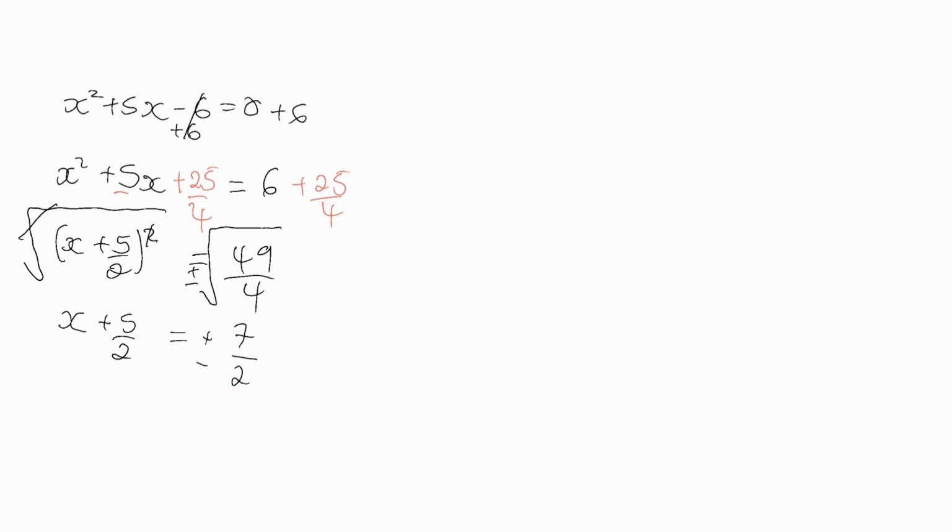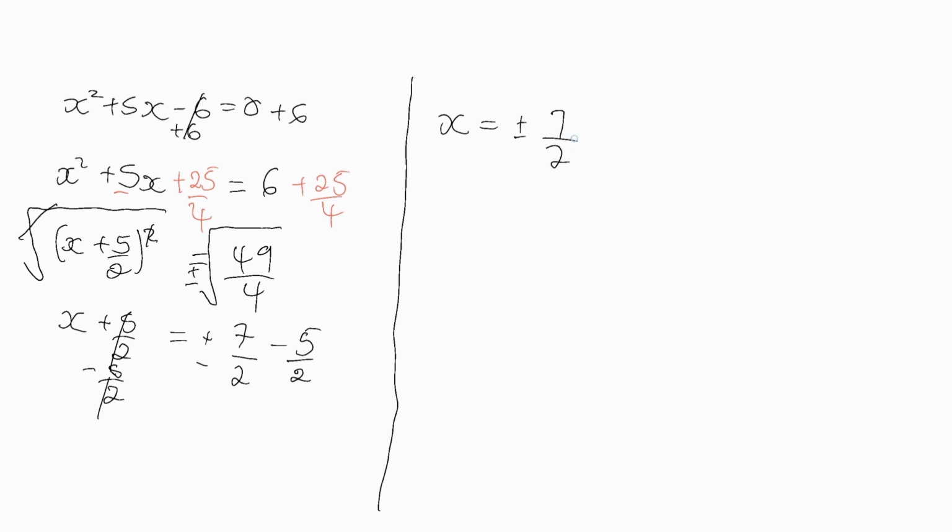The next thing we will do is take the 5 over 2 from the left hand side to the right hand side. We will do that by subtracting 5 over 2. So when we subtract, we also subtract 5 over 2 on this side. This will cancel, and then we will have x equal to plus or minus 7 over 2 minus 5 over 2.